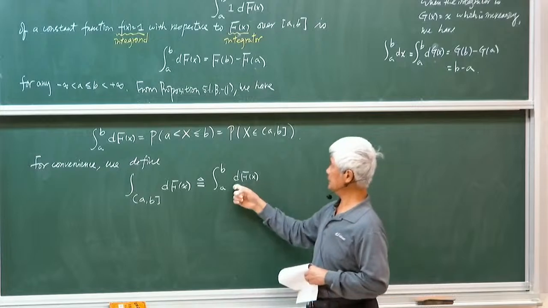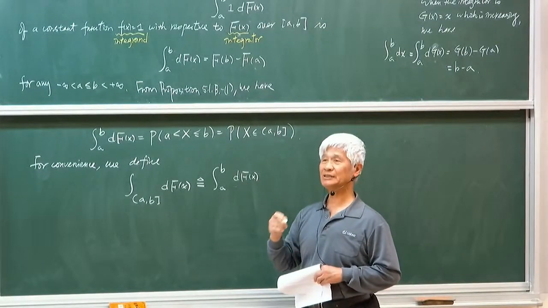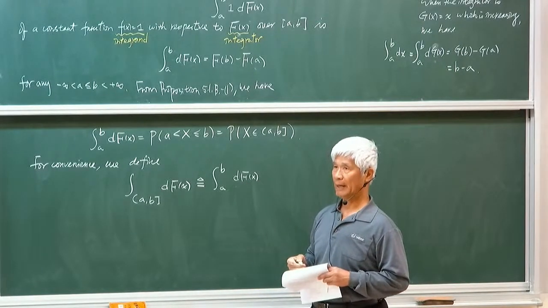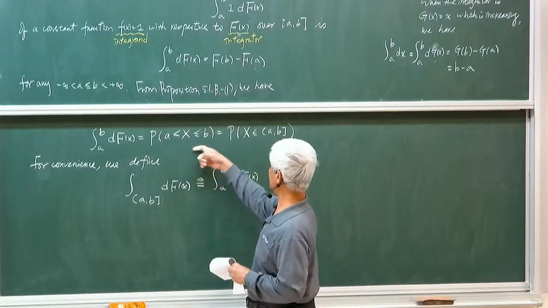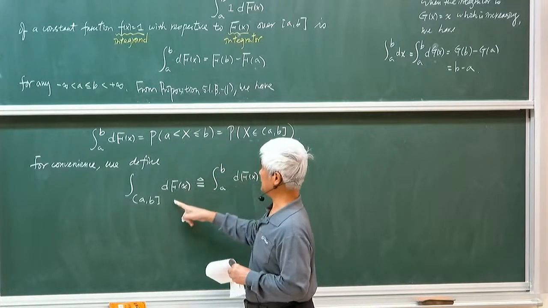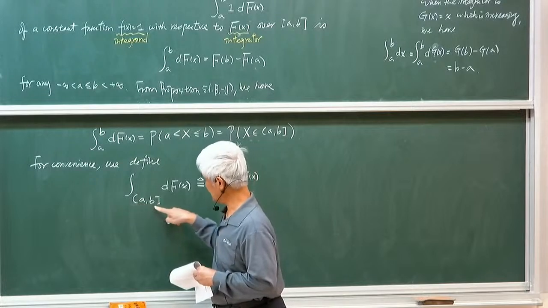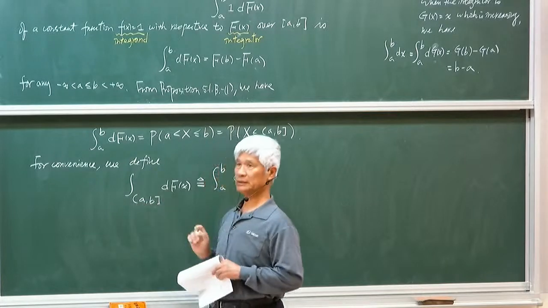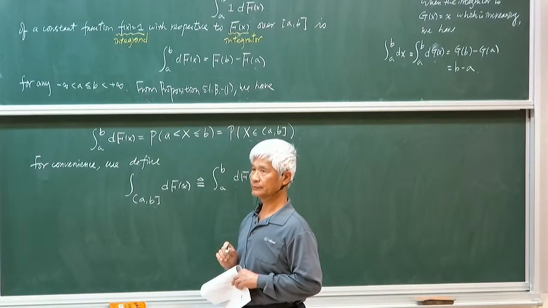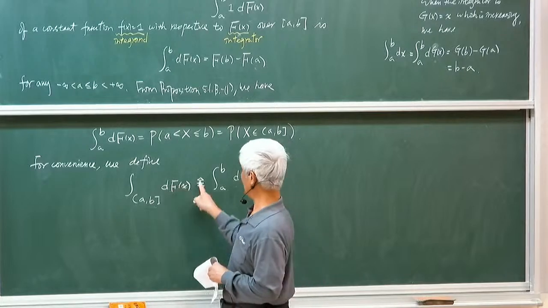So this is the usual notation of Riemann-Stieltjes integrals. But because of these properties, we regard this as over this half-open, half-closed interval. Okay, so it's by definition.